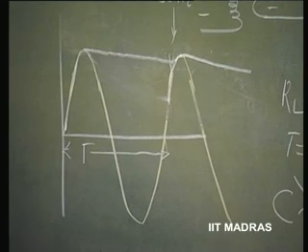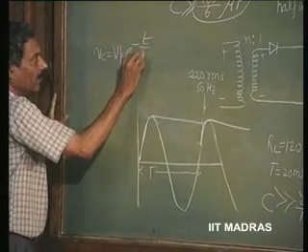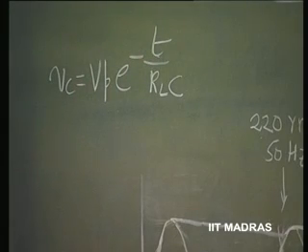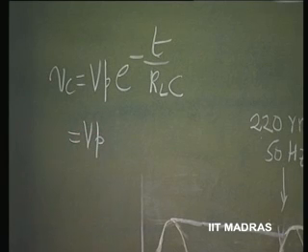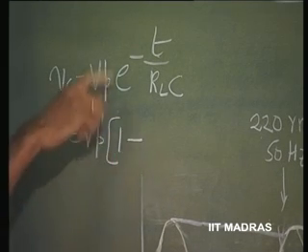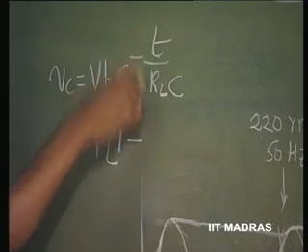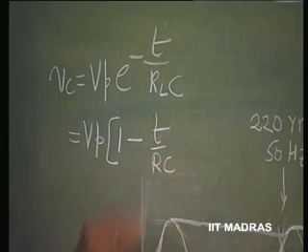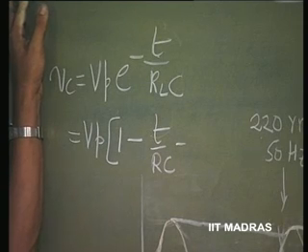What does it mean? Again, in terms of mathematics, Vc is Vp into e to the power minus t by RLC. You know that e to the power minus x can be expanded, and when you expand it, it will be Vp into 1 minus x, where the first term is x, and then x squared by factorial 2, x cubed by factorial 3 and so on.